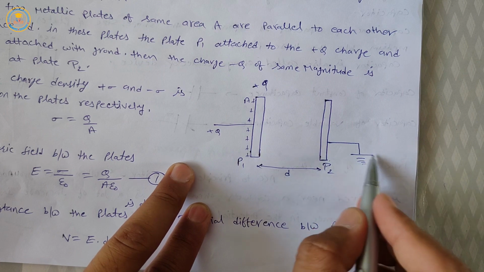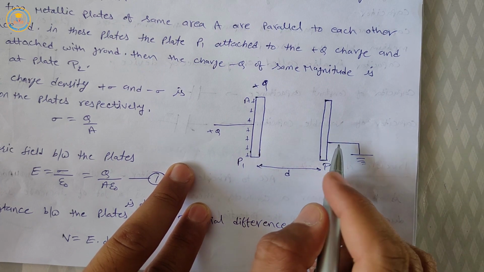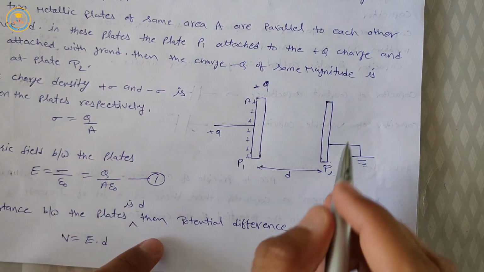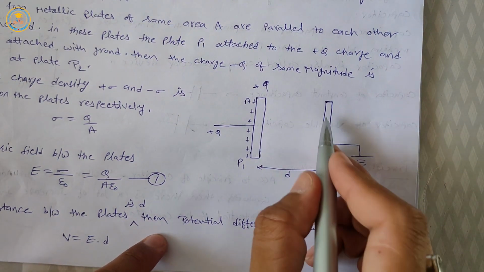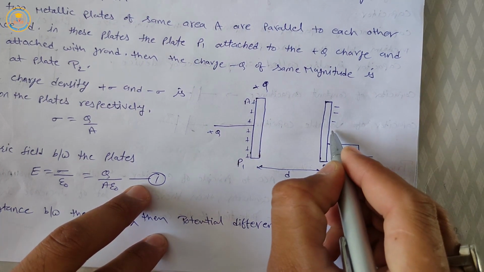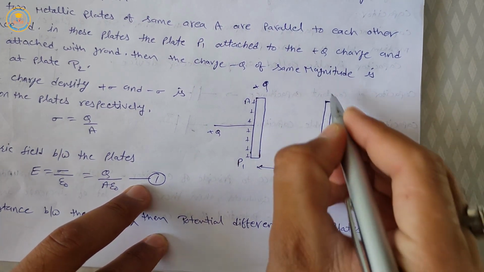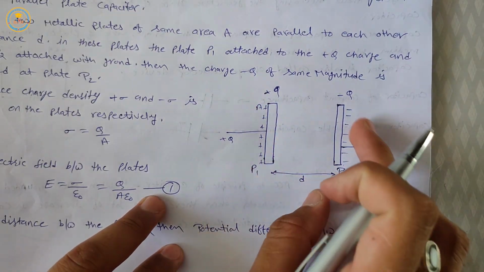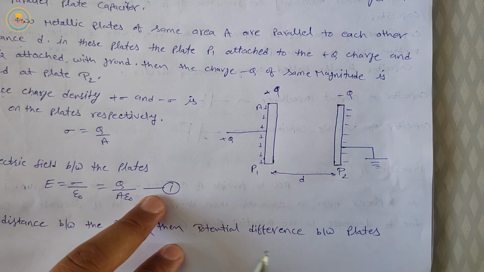But due to the ground, the positive charge goes into the earth, so negative charge remains on this plate. The same magnitude of charge will be produced on plate P2.